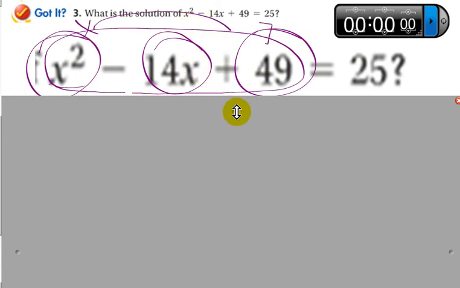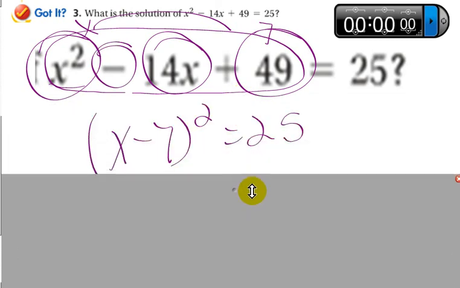So we've got a perfect square trinomial. That means that we can rewrite this as, because we've got a negative right there, x minus 7 squared. So you start off by recognizing that and rewriting that trinomial as x minus 7 squared equals 25. Now, it's a piece of cake from here, right?